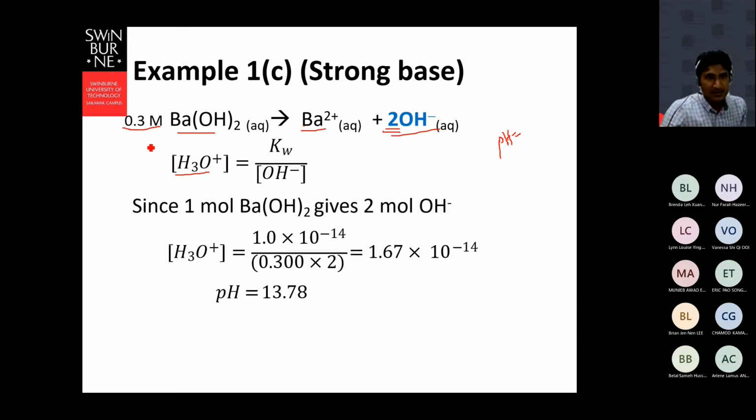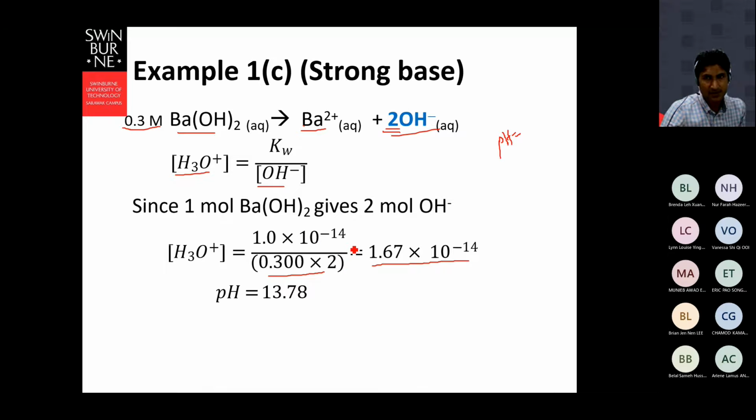Since we have 0.3 molar of barium hydroxide, 1 molar produces 2, so 0.3 will produce 0.6, or 0.3 times 2. We put the values here, and Kw is already given. From that, the hydronium ion concentration is 1.6 times 10 to the negative 14.